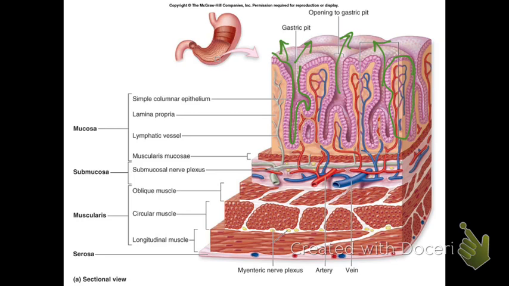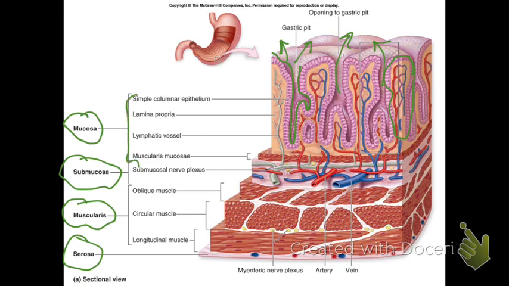There are major layers found throughout the alimentary canal. Those 4 layers are, let me introduce them here, the mucosa, the submucosa, the muscularis, and the serosa. Now, the mucosa would be this entire bracketed area. It's the mucous membrane.